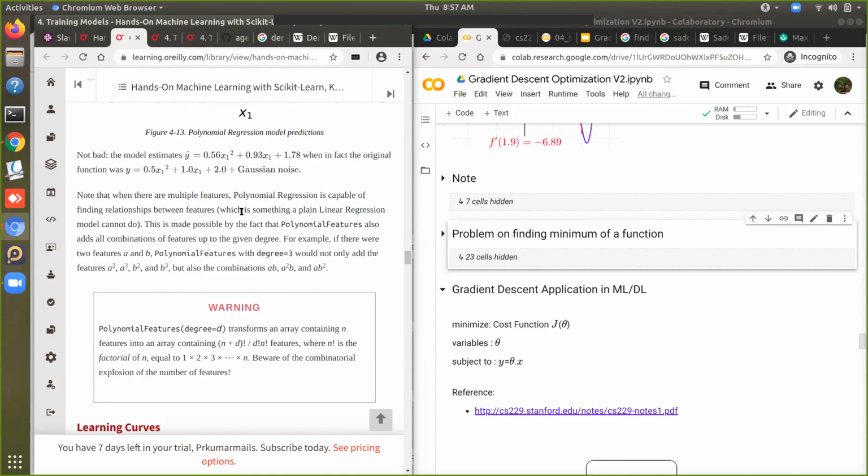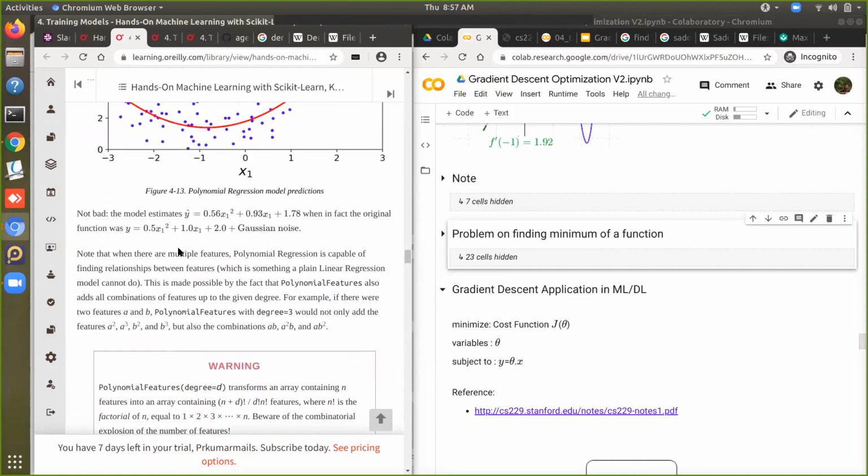Yes, it's like we are synthetically adding some new features based on the existing features, with some manipulations. In this scenario, x1 is the only feature available.